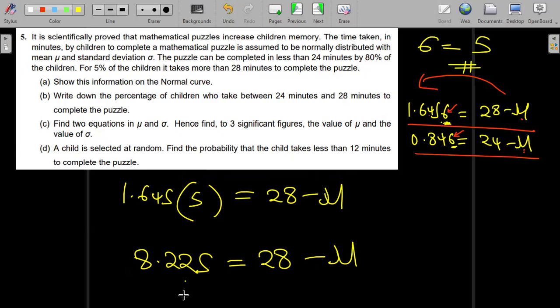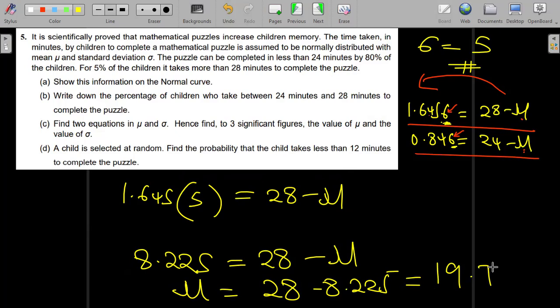So I take the mu to the other side, and it will be 28 minus 8.225, which gives 19.775. This is my mu, and I can round it off to 20. So my mean is 20.